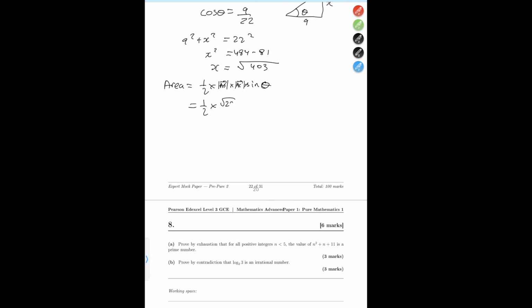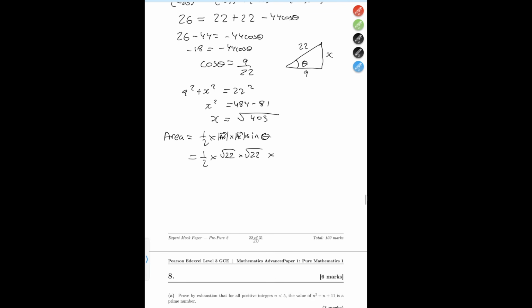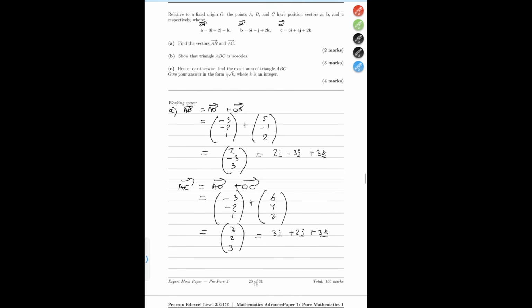So half times root 22 times root 22 times sine theta is going to be root 403 over 22 by using that triangle up here. And we know root 22 times root 22 is 22. So we can actually simplify that to root 403 times a half. Let me just write that a bit nicer. There. So that means that k is 403.